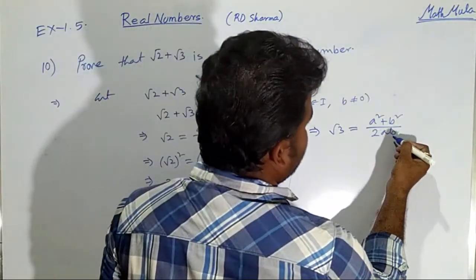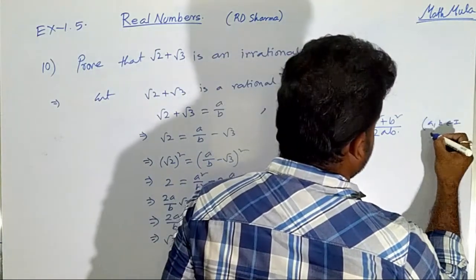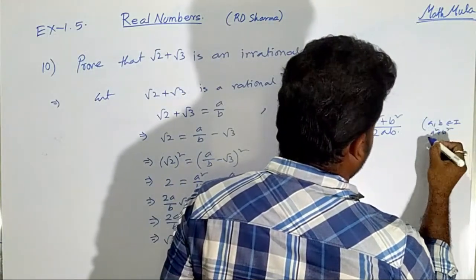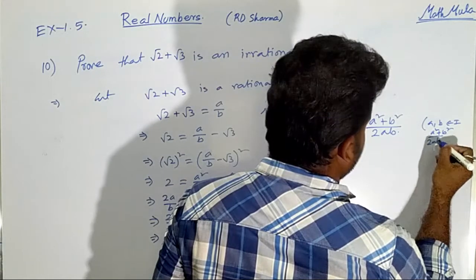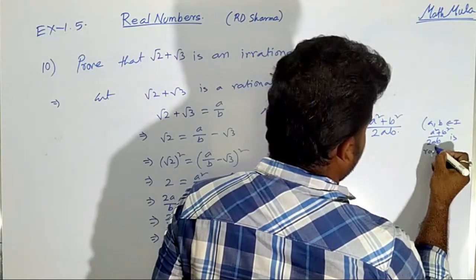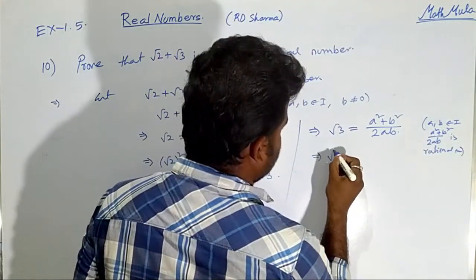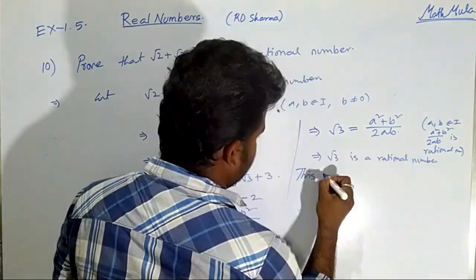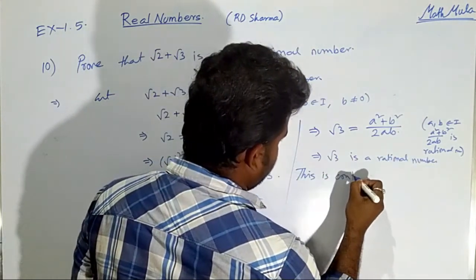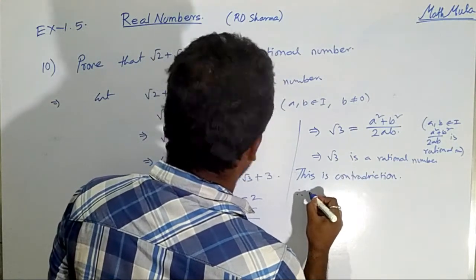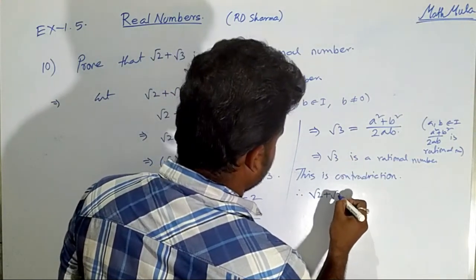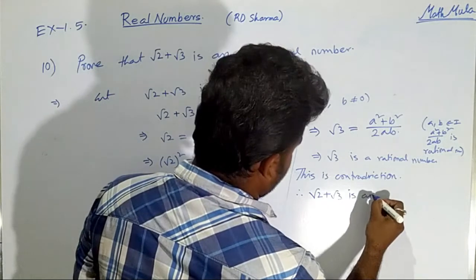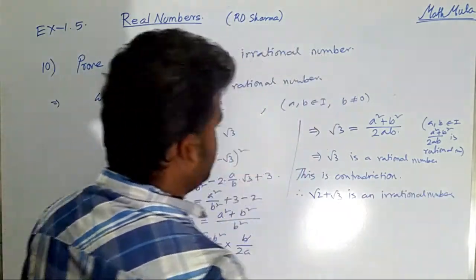Now a and b belong to I. That means (a square plus b square) by 2ab is a rational number. That implies root 3 is a rational number. This is a contradiction. Therefore, the given number root 2 plus root 3 is an irrational number. That's it.